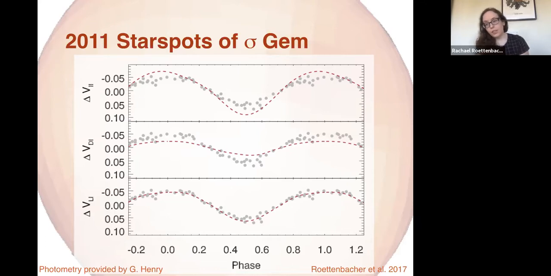Fortunately, the light curve inversion line matches the data pretty well, which is great since that was the input for it. The Doppler imaging, which was independent of the photometry, in the middle, shows the same shape, but a different amplitude. And the interferometry is similar, the same shape, but a different amplitude.